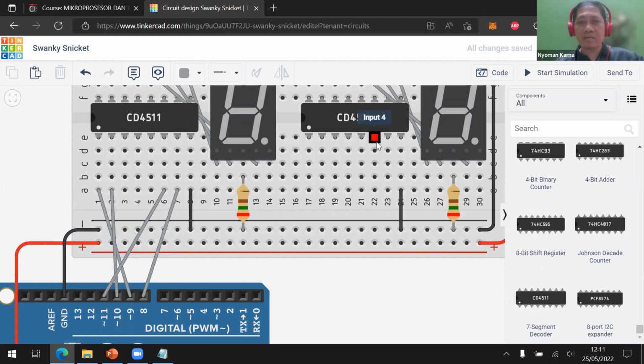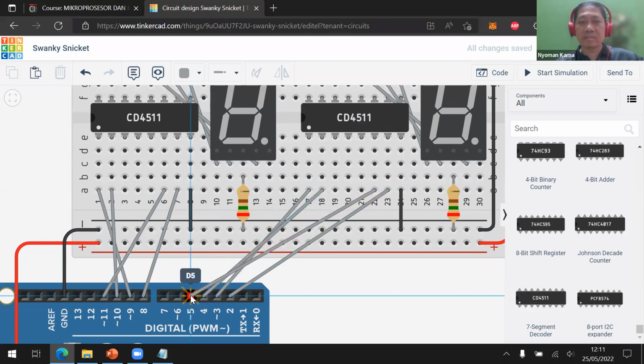We have input 1. Okay, let's say 2, 3, 5, 6. This is input 1. This is input 2. And this one is input 3. And this one is input 4. Okay, finish.